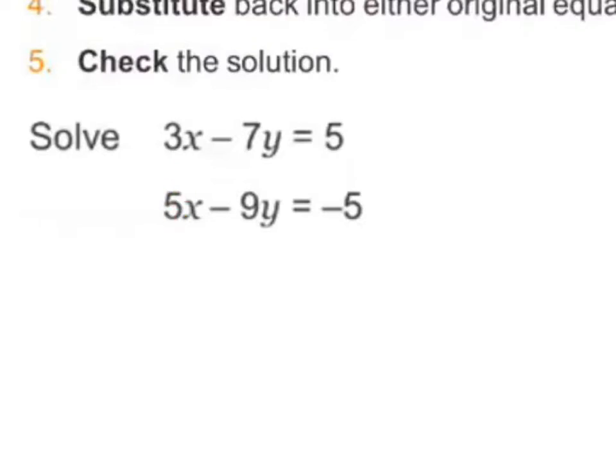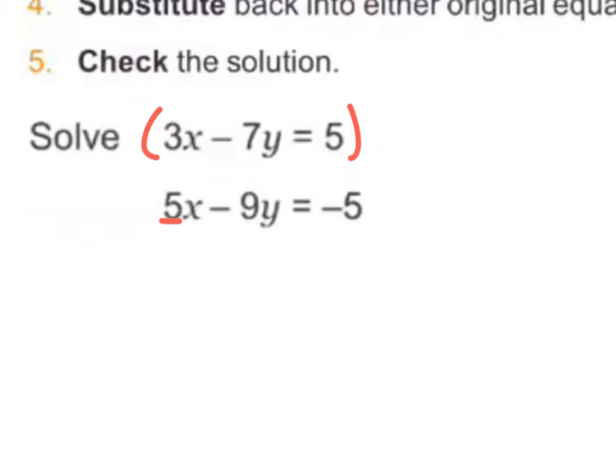That's just my general rule of thumb. The idea is to take this equation and multiply it by the opposite coefficient that you're looking for. So if I want to eliminate the x terms, this is a 3 and 5. I can't multiply 3 by anything to get 5, so I'm just going to multiply 3 by 5 itself.